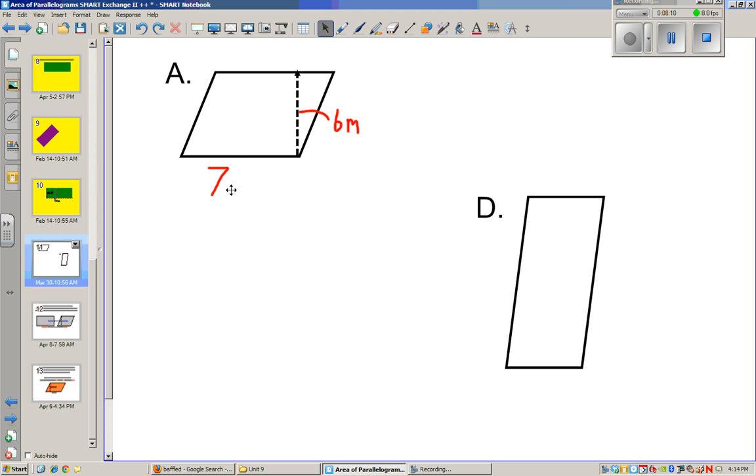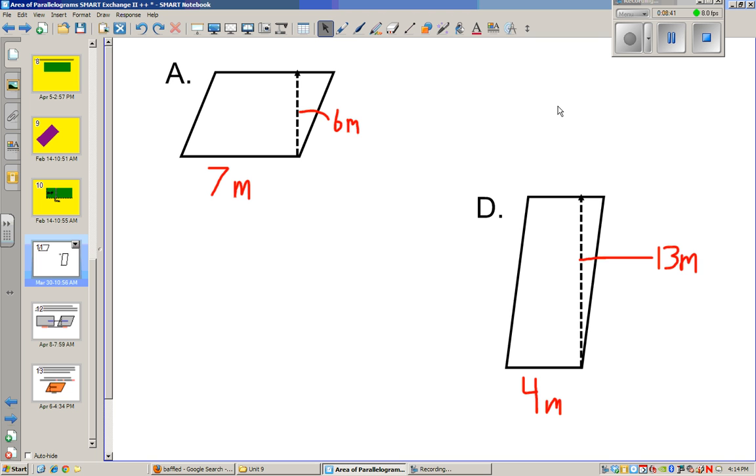I'm going to say that it's 7 meters, and we're going to get to calculating the area in just a second. The height line on this parallelogram is here. It's from the base all the way to the opposite side. That's the distance. And we're going to call this one 13 meters, and we're going to have the base here be 4 meters.